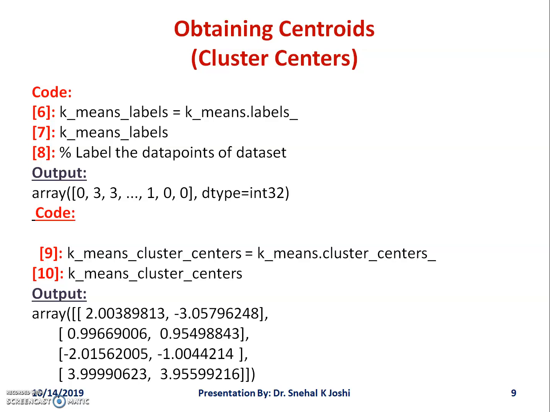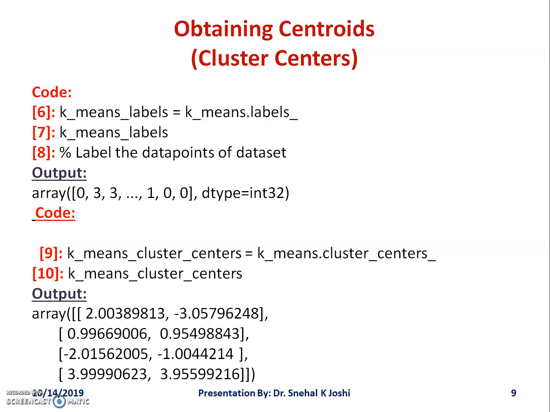The attribute we will use to obtain these labels will be kmeans.labels_. We will obtain this attribute and store it as k-means labels. We display it and it will show the array of labels which indicate to which cluster each data point of the dataset belongs.